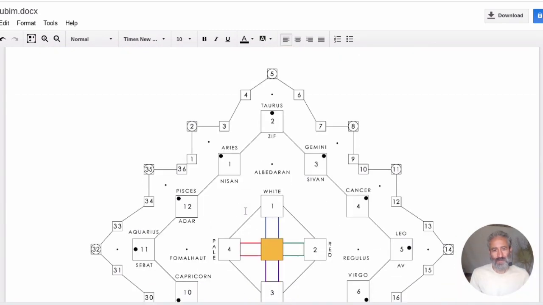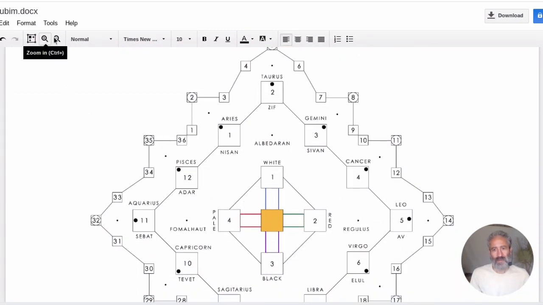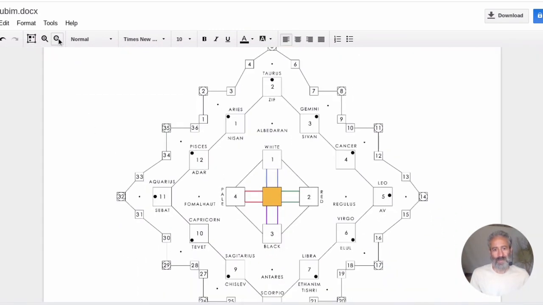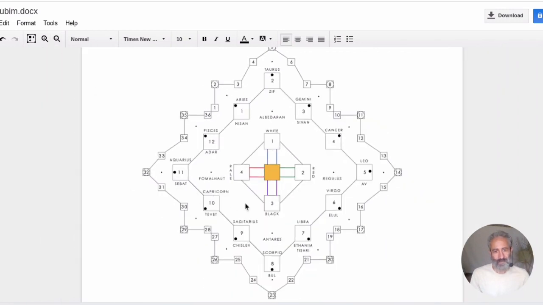Now, in order to make sense of this, let's go back to this diagram. In this diagram, we've taken the order of 4: lion, ox, man, eagle. In yellow, we have the throne. And then we took this and said, okay, this is going over the inner court area.